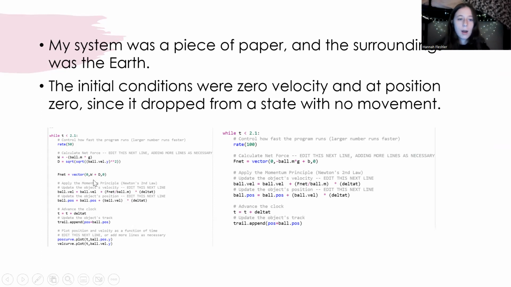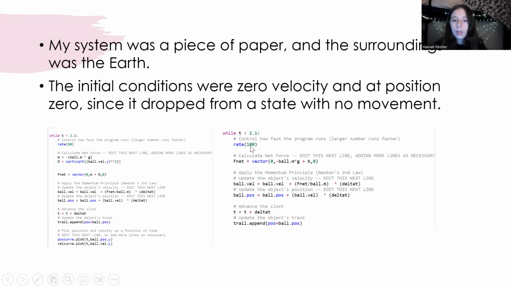On the left is my gravity and drag code. You can see I calculated the net force with the force of gravity plus the force of drag. I found the force of drag using the square root of the speed.